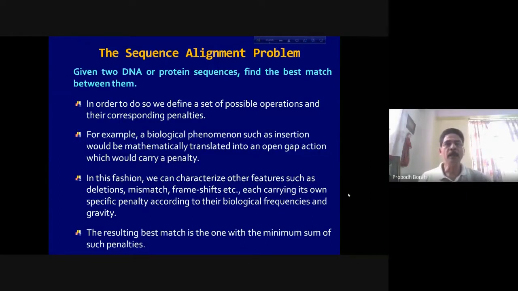So this is one area where the question is how to compare two sequences of either two organisms or different strains of the same organism, how we can compare them and find out what the variations are at the genomic level or even at the proteomic level.